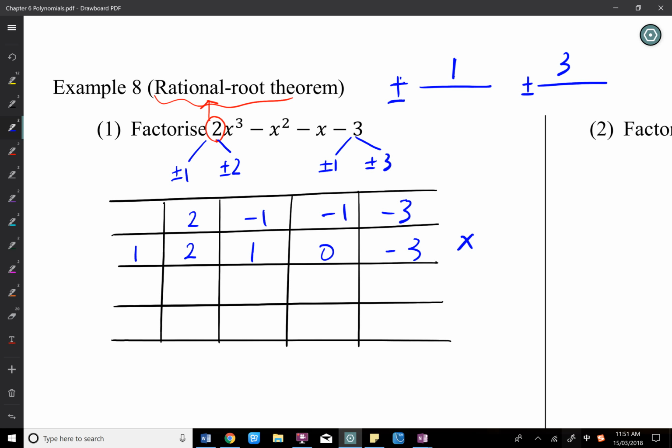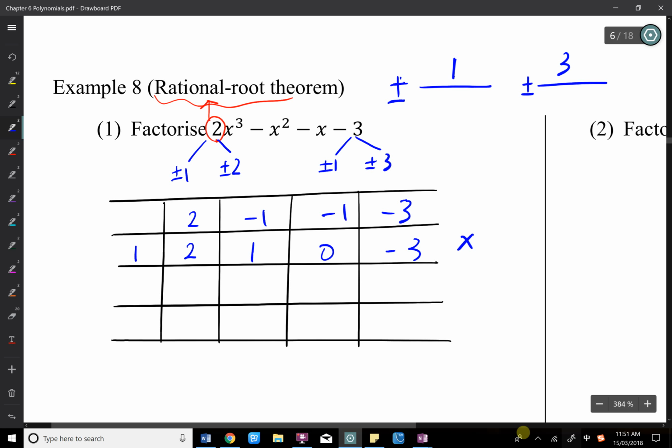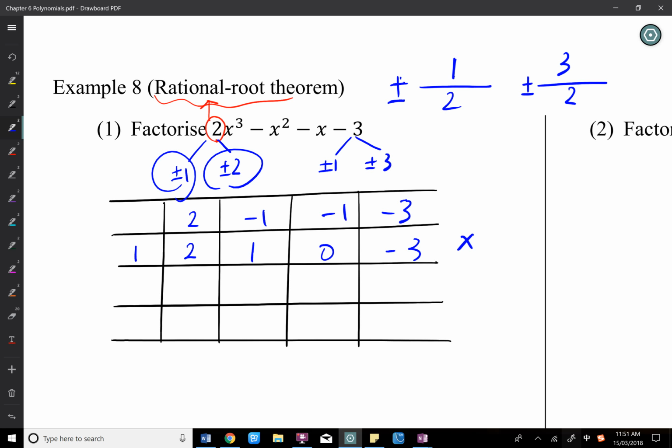You're not going to put it over 1, so it's still the constant, the integer. So we'll put that over 2. It's either over that or over that. You're not going over 1, because over 1 is still the same number. It's not changing. You need to go over 2.